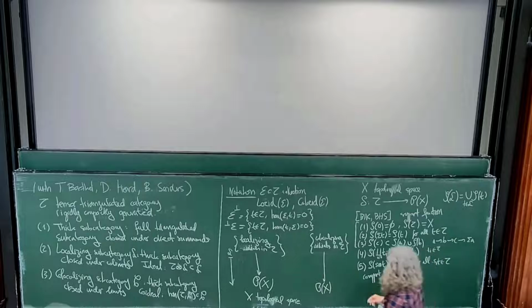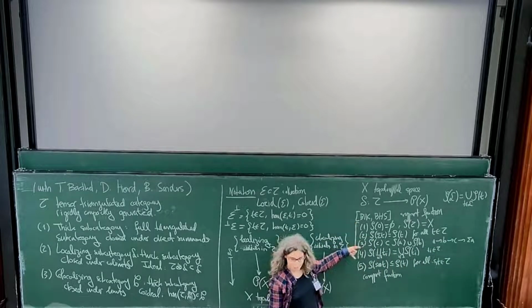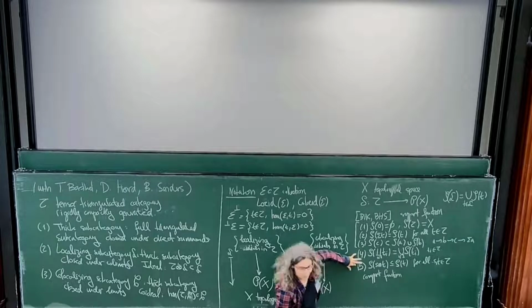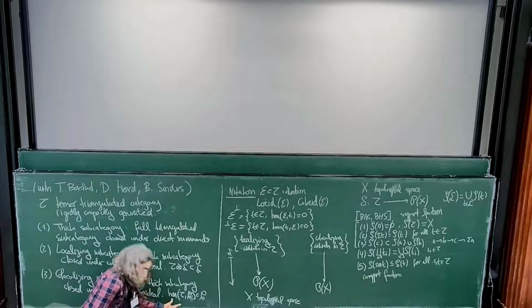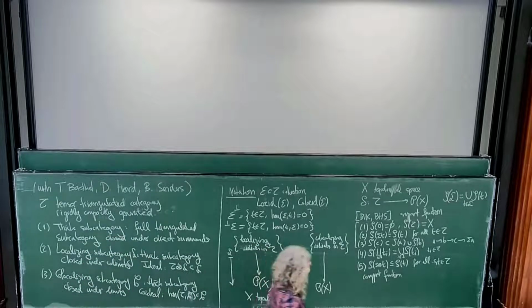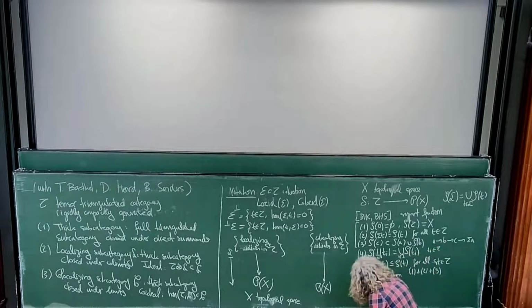And then for the cosupport, the first three will be the same, but you have to change 4 and 5 to adapt to limits and homs, right? So you have 1, 2, 3, and then 4 prime.